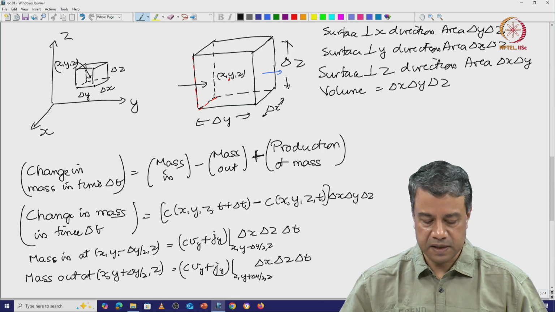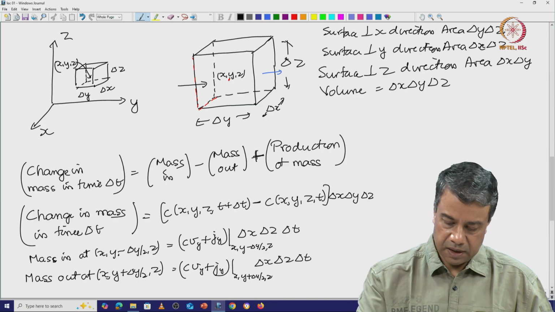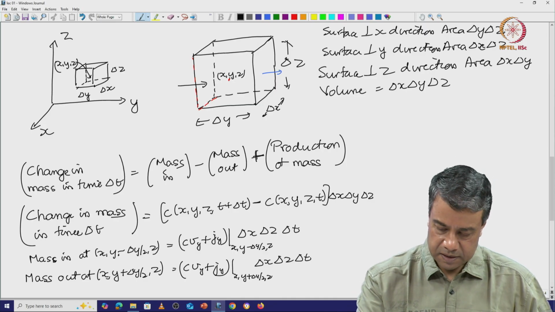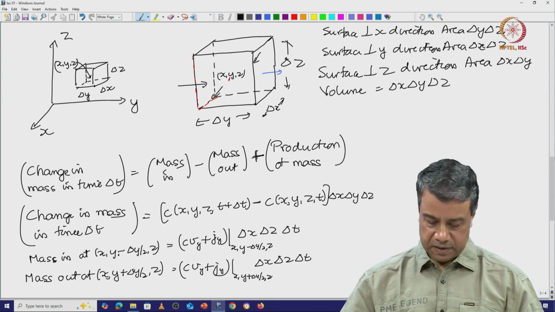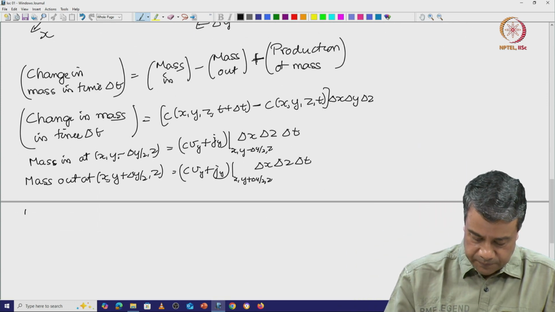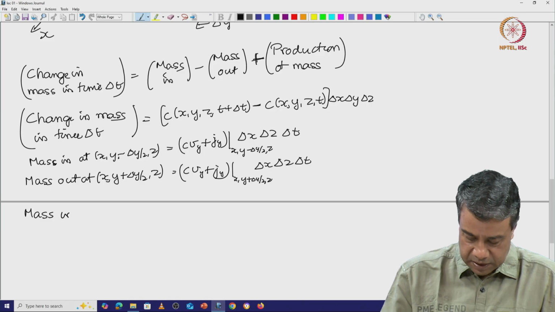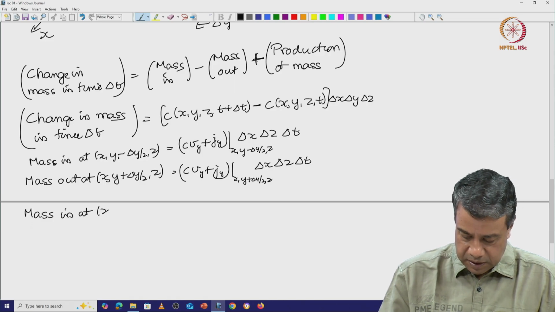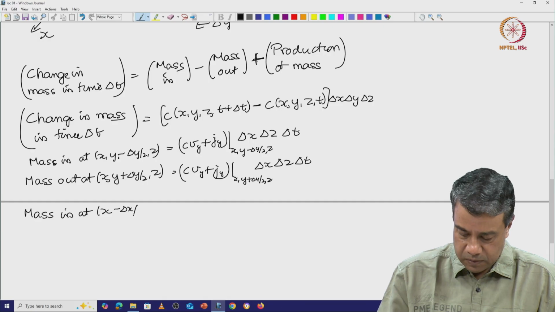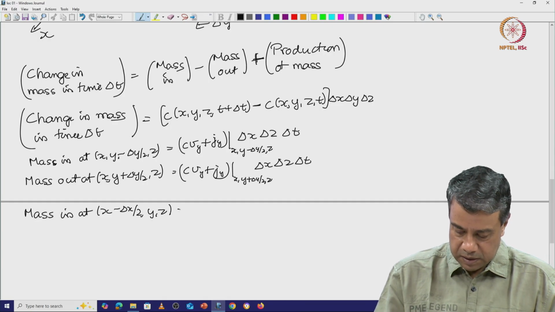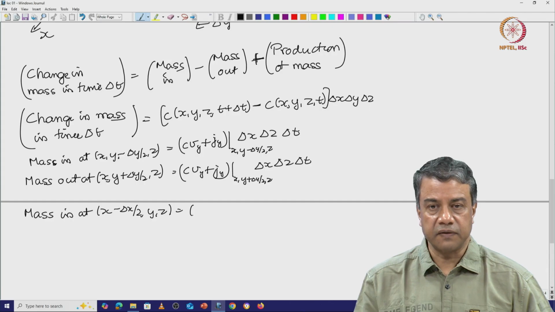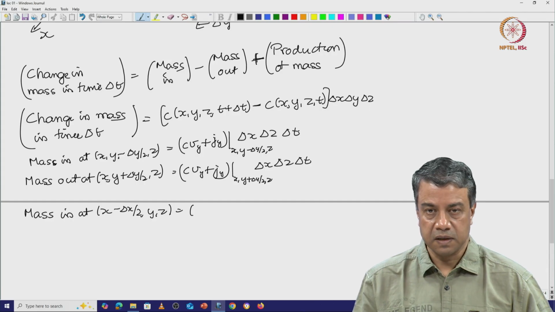So, the front surface is at x plus delta x by 2, y and z, and the rear surface is at x minus delta x by 2, y and z, and there is mass coming in at the rear surface and it is leaving at the front surface. Therefore, mass in at x minus delta x by 2, y, z is equal to, in this case the velocity has to be in the x direction for the fluid to cross a surface of constant x.